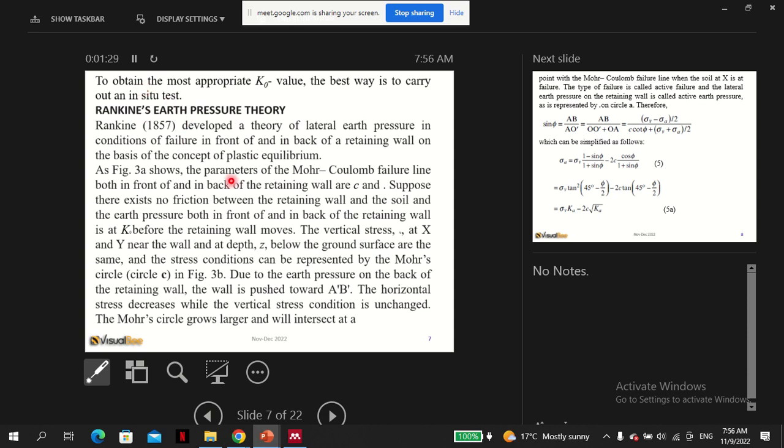There are ways that you can measure the vertical and horizontal stresses. So to find exactly the ratio, the K, the best way is to do an in situ test to monitor the ratio of the stresses.